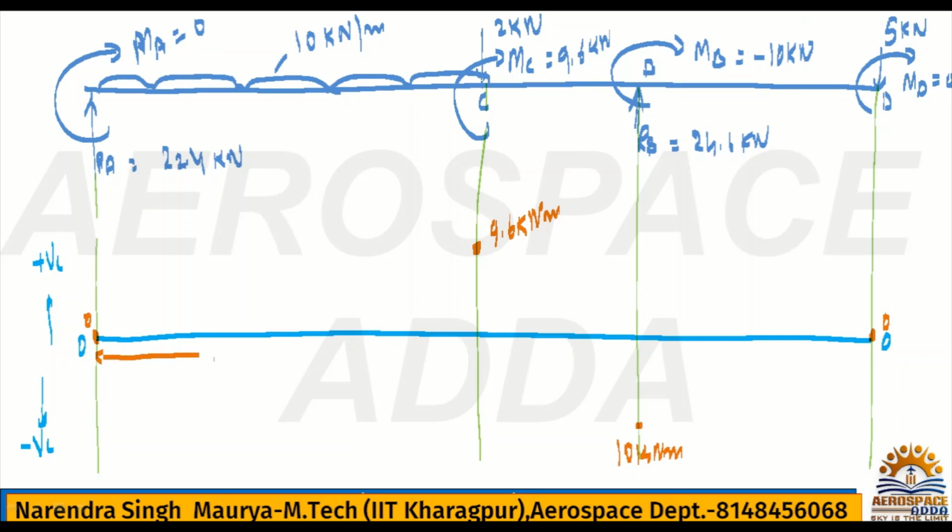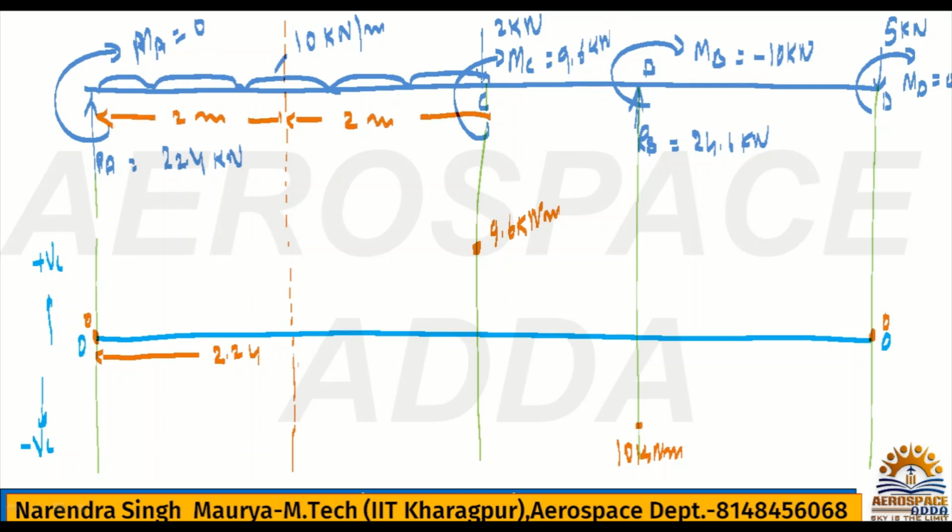So now it's very clear, at a distance of 2.24 meters. The whole length is 4 meters, so listen carefully: this will be 2 meters and this will be 2 meters.